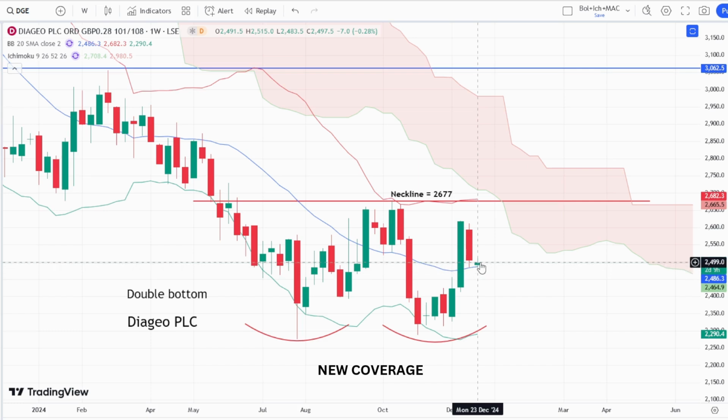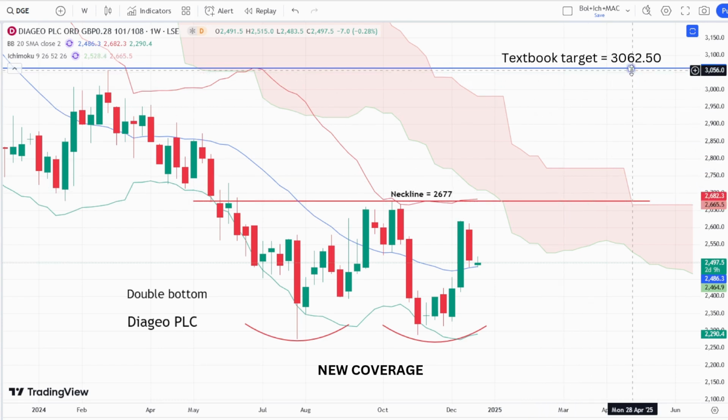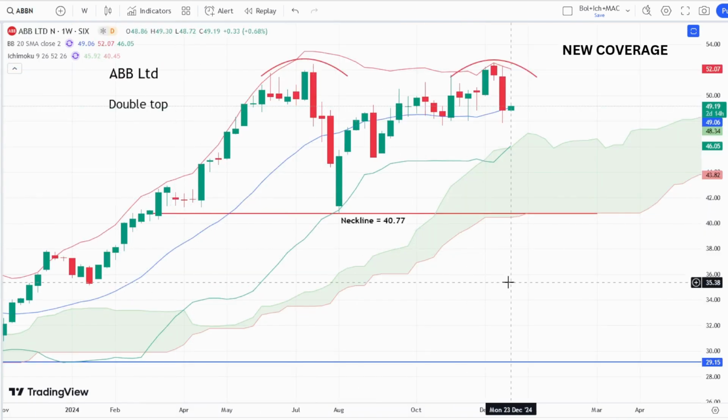So seeing that price action still holds above the 20-week simple moving average, I think that there is upside potential going forward, but a bullish outlook will only be confirmed once there is a weekly close above the neckline at 2,677, and if this happens, the textbook target is at 3,062.5.